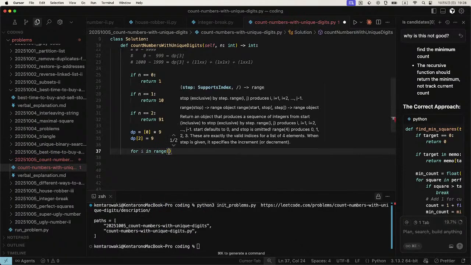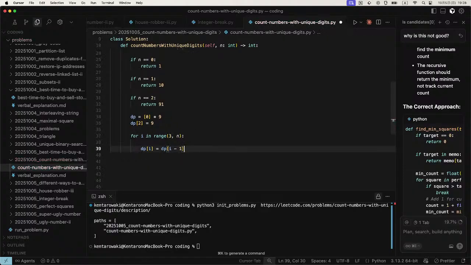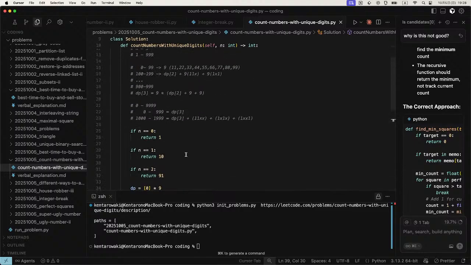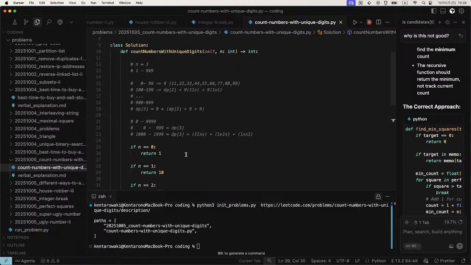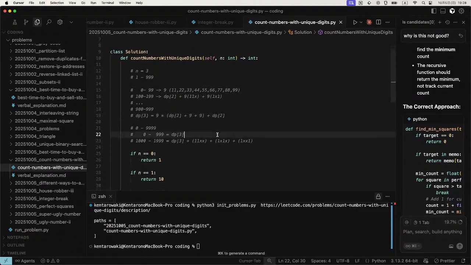For I in range 3, and dpi plus dp2, correct?